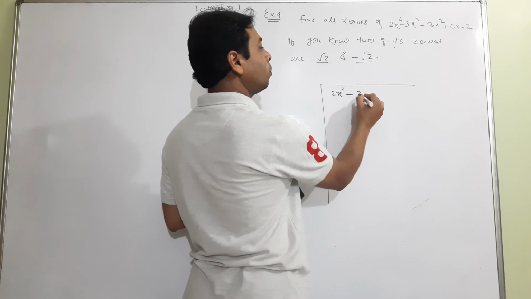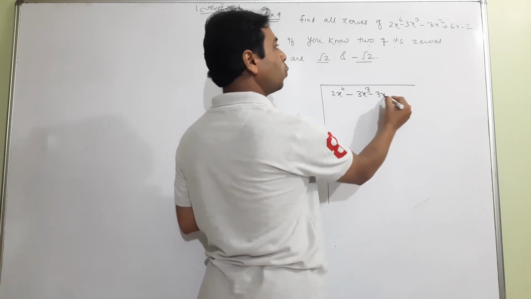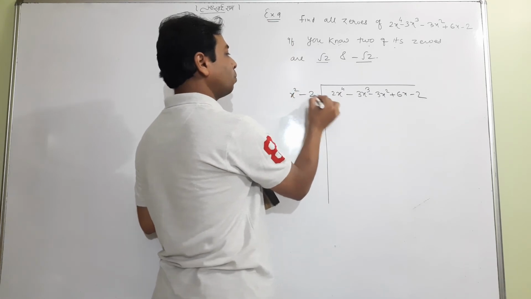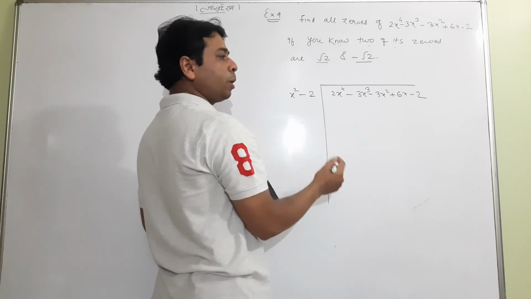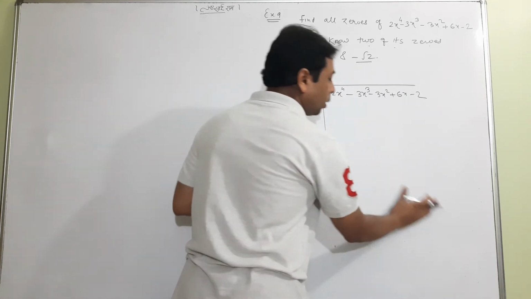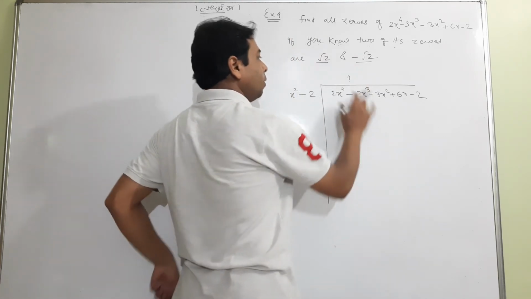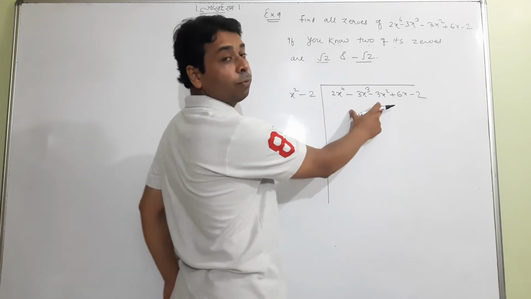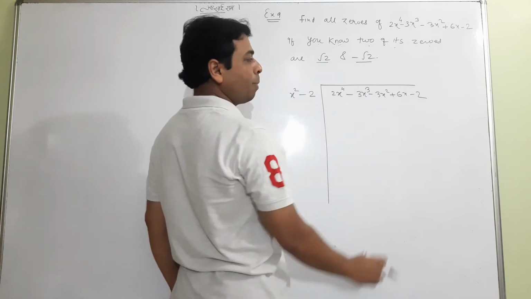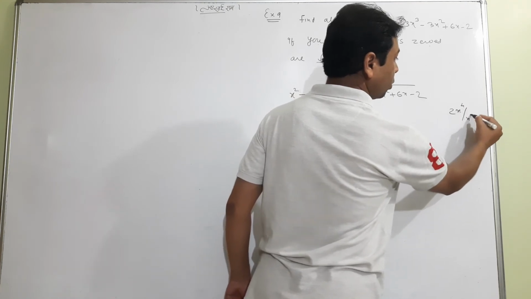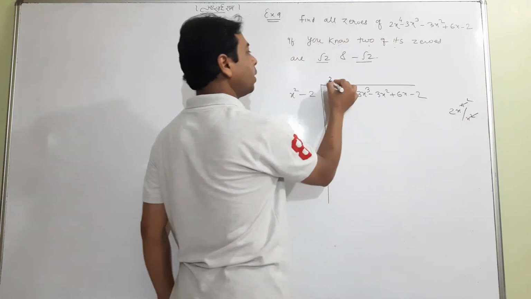2x^4 minus 3x cube minus 3x square plus 6x minus 2 by x square minus 2. Why I'm dividing? Because this method will give you the rest of the factors in the quotient section. Okay. This is one of the factors. Now I'll divide. So the method you know, this and this I'll divide. In the left section, what will I get? 2x square.